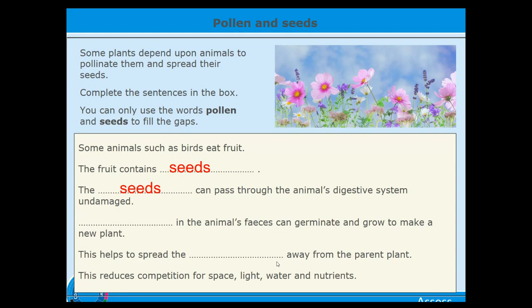That means the seeds are not digested. Now, seeds in the animal's feces can germinate and grow to make a new plant. This helps to spread the seeds away from the parent plant. This reduces competition for space, light, water, and nutrients. Those are the four things plants compete for. We've done that a couple of lessons ago.